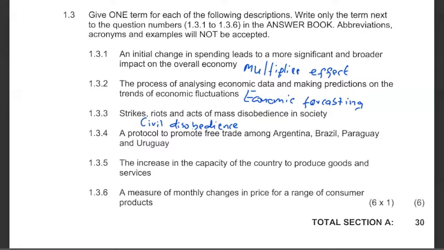Okay, right. Now let's check 1.3.4. It reads as follows: a protocol to promote free trade among Argentina, Brazil, Paraguay, and Uruguay. The appropriate answer in this regard is going to be preferential trade agreement.